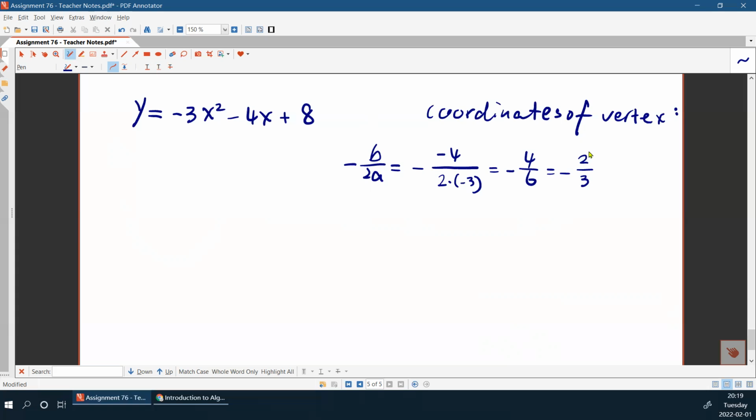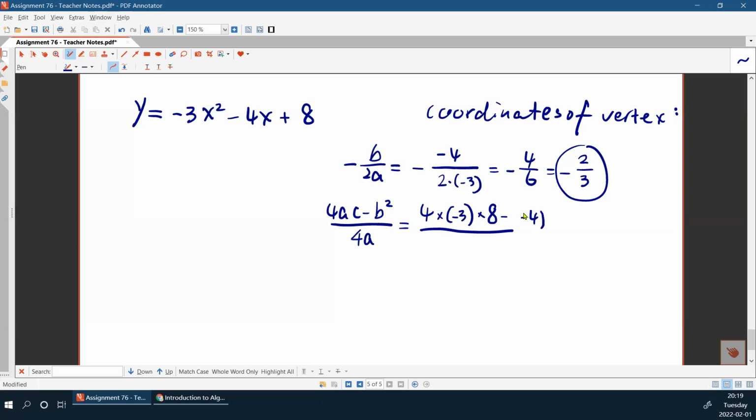Mm-hmm. Okay. And then x, and how about y? 4ac minus b squared over 4a equals 4 times negative 3 times 8 minus b squared, which is negative 4 squared, over 4 times negative 3.